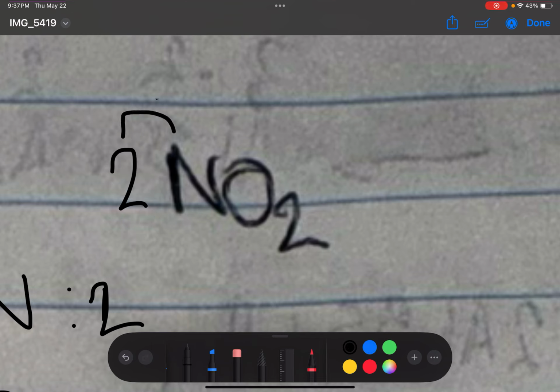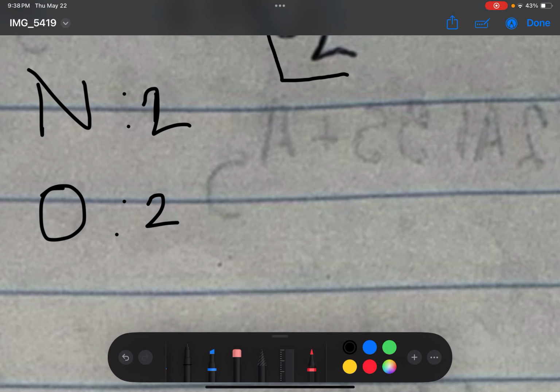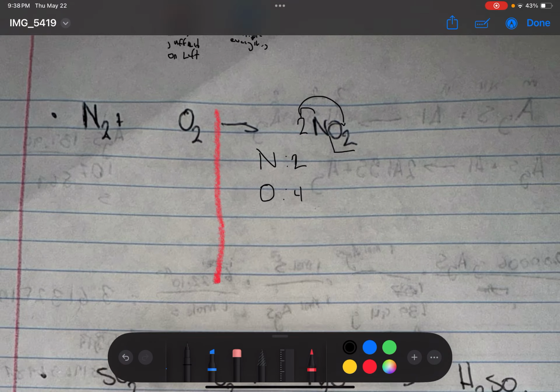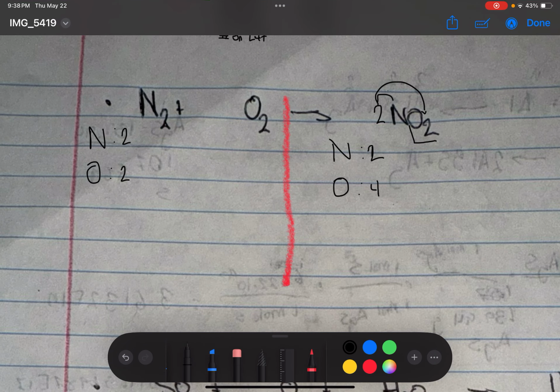So that means there'd be 2 N's, and then it multiplies the subscript, right? And remember, the subscript only affects the number on the left. So that means there would be 4 O's, because 2 times 2 is 4. Well, now let's take a good look. Our N's are even, but now our O's are uneven.